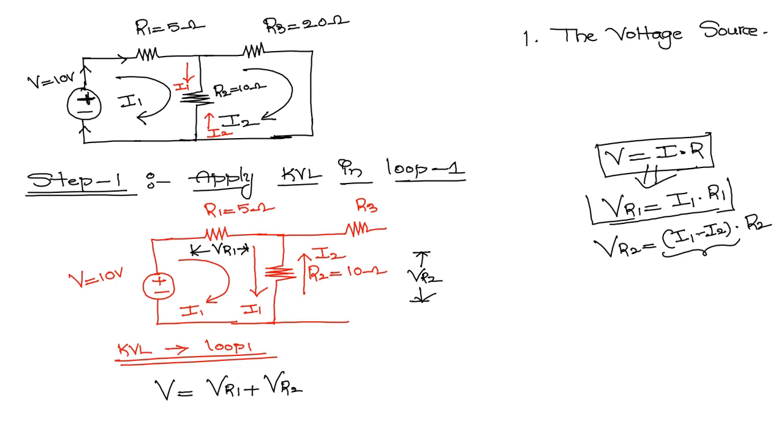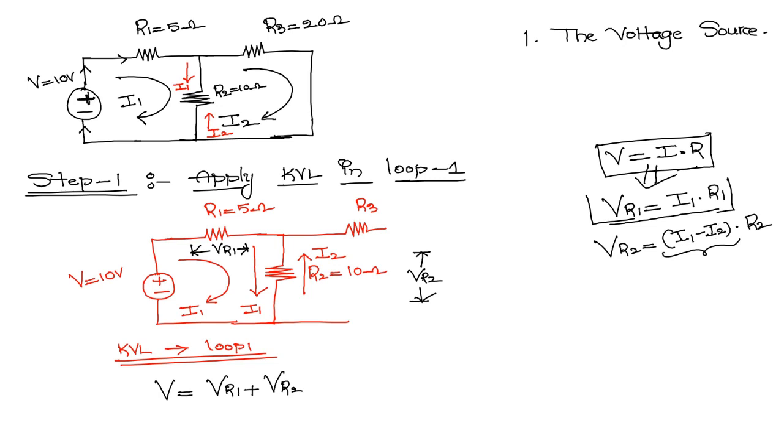But why are we taking the negative sign for I2? When we apply KVL for loop number 1, the potential of I1 is always greater than I2, and when we apply KVL for loop 2, the potential of I2 is always greater than I1. That is the reason I am taking I1 minus I2. The direction of I1 is downwards and the direction of I2 is upwards.